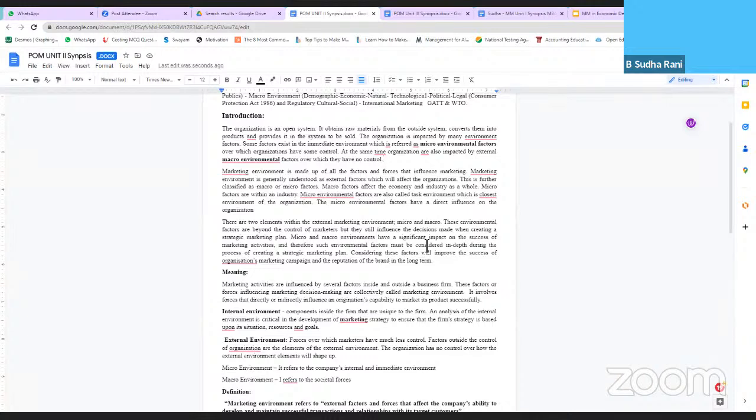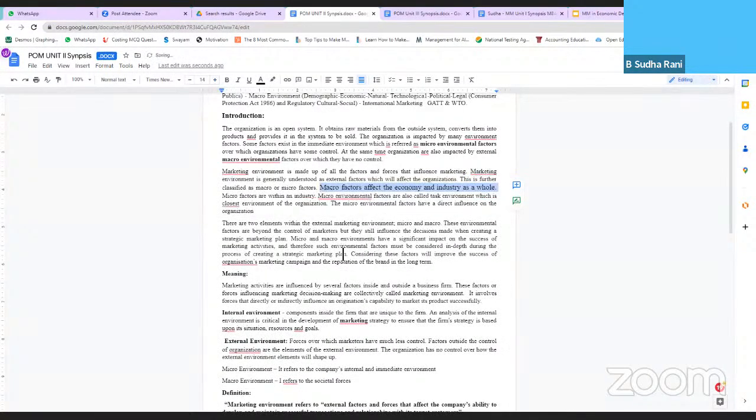Macro environmental factors are those outside the organization, which have their impact on the organization, but are not in its control. Macro factors affect the entire economy as well as the industry as a whole.